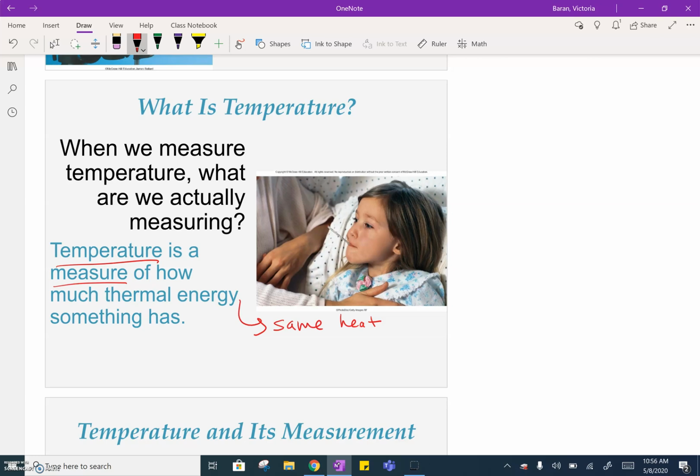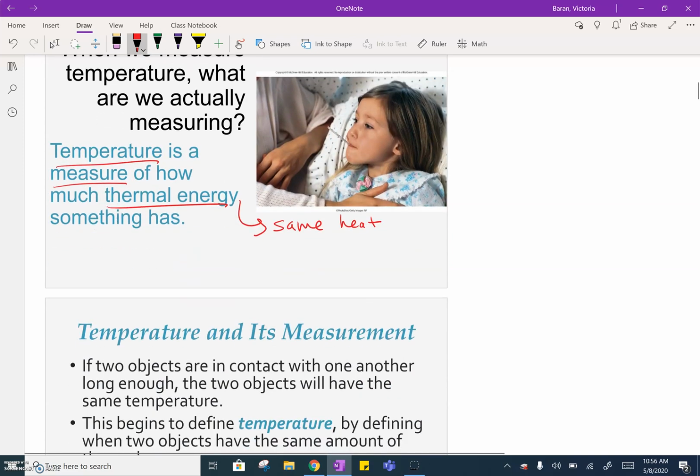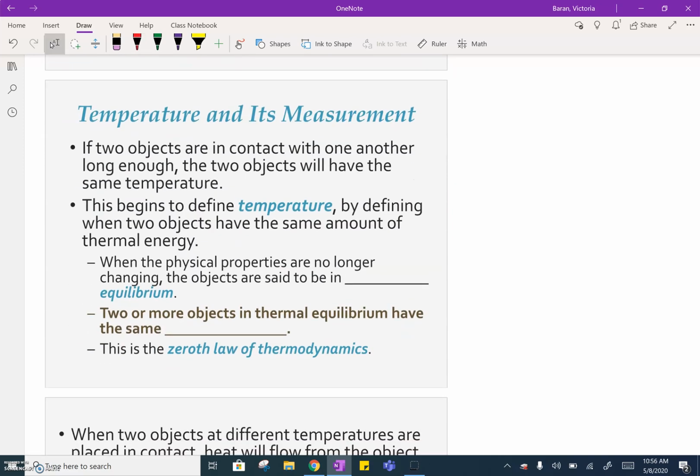There's electrical energy, there's chemical energy if we're talking on the molecular level in bonds, and there's thermal energy. There's many different ways that energy comes in terms of forms. And today we're going to be talking about thermal energy, which is heat. So temperature is how we measure heat or how much thermal energy something has.